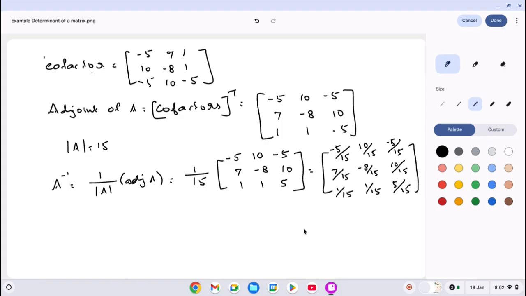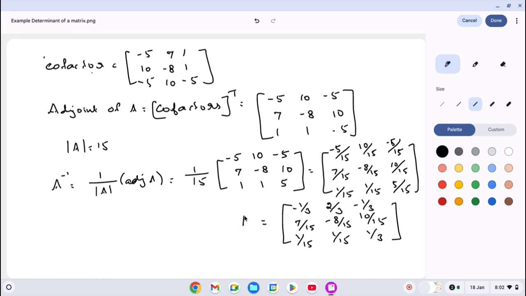We can cancel the common factors and get the final thing as minus 1 by 3, because 1 times 5, 3 times 5. Here 2 times 5 by 3 times 5, minus 1 by 3, here 7 by 15, minus 8 by 15, 10 by 15, 1 by 15, 1 by 15 and 1 by 3, which is the final answer for A inverse.